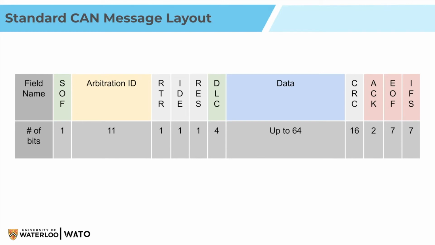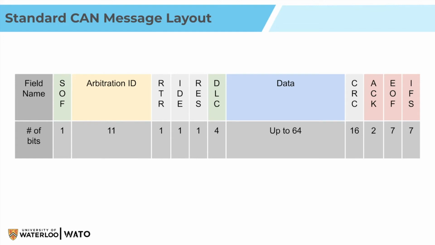Yeah, so that's another advanced concept called a remote frame. In this message format, the RTR is the remote transmission request, and you set this bit to 1 if you want to send a remote frame.